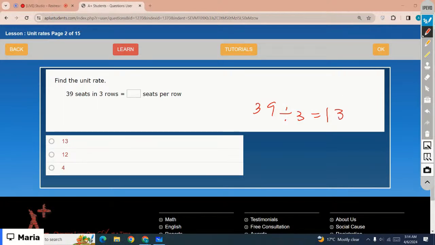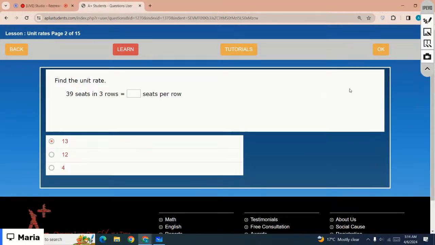So the correct option is 13. That means you have 13 seats per row. The correct option is 13 seats per row. Option number 1 is the correct option.